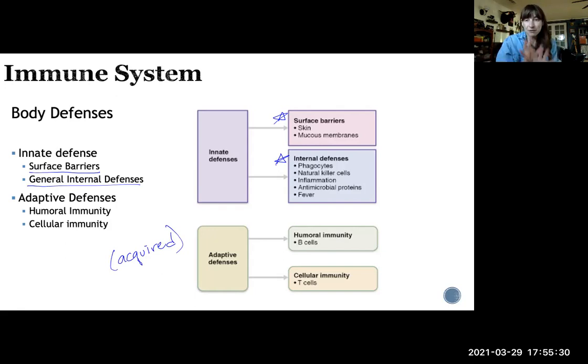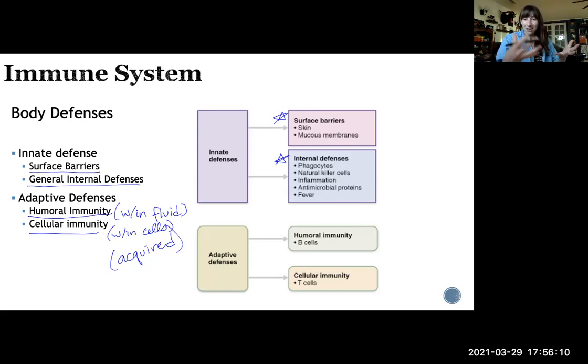That adaptive part of your immune system can be further broken down into humoral immunity, which is immune system functions that occur within the humor, within the fluids of your body, your interstitial fluids, your extracellular fluids, the stuff that's not within cells. The other half of the adaptive or acquired defense part of your immune system is the cellular immunity, which happens within cells, okay?